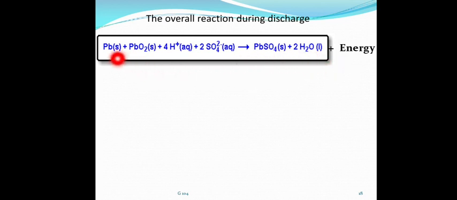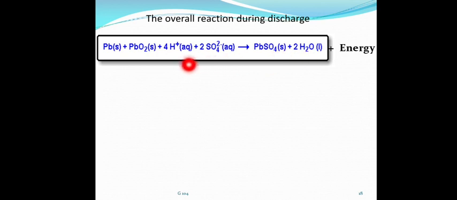So electrons flow from Pb to PbO2. Pb, by giving electrons, forms PbSO4. PbO2, by taking electrons, also forms PbSO4 plus 2H2O. In this way 2PbSO4 is deposited on both anode and cathode, along with water.